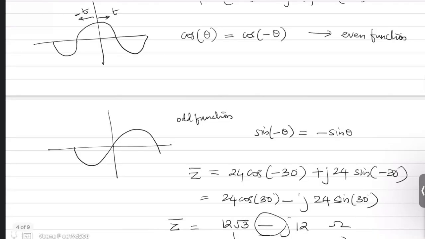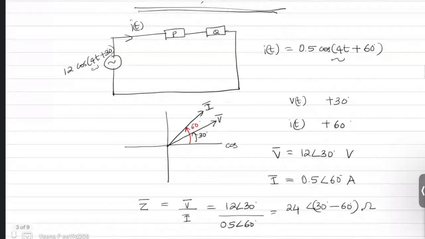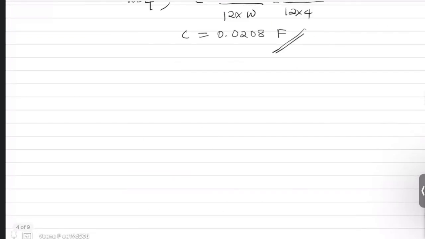So just see, now your current leads your voltage by 30 degree. Earlier in the circuit, if it was R and L, then in the phasor diagram the voltage was here and the current was lagging the voltage by 30 degree.